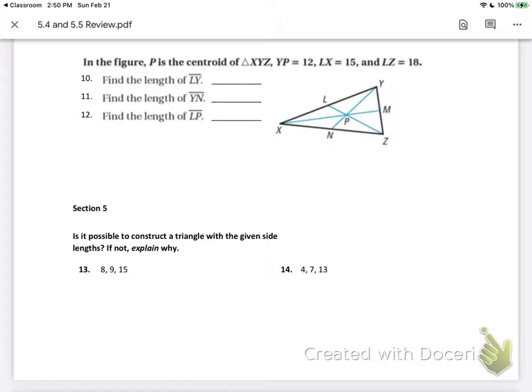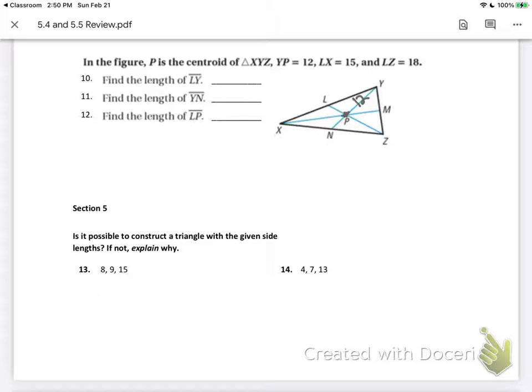Okay, so here we have that centroid again, and they want us to work with finding these various lengths. So let me just see if I can move this down a little bit. That's better. Okay, so let's look at what they have. So I can see right now my centroid is this point P right here. So YP is 12.